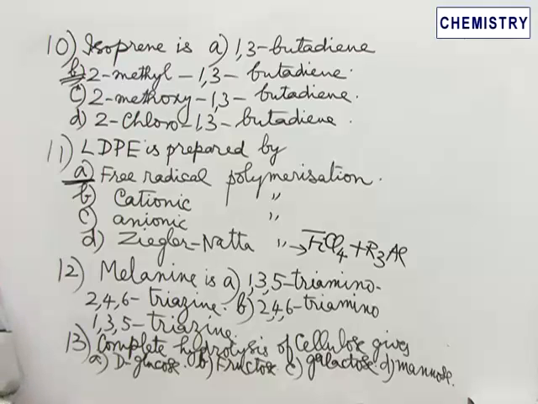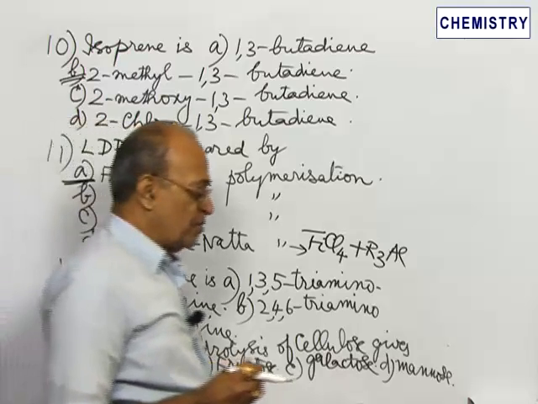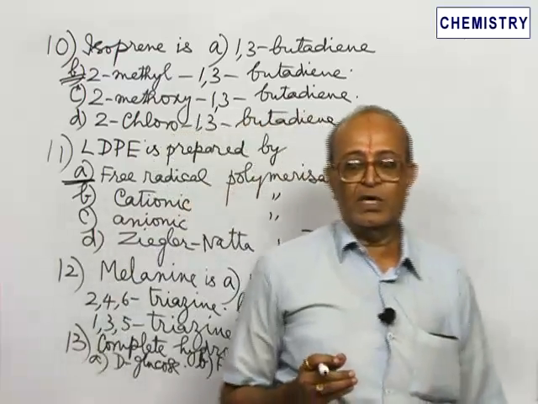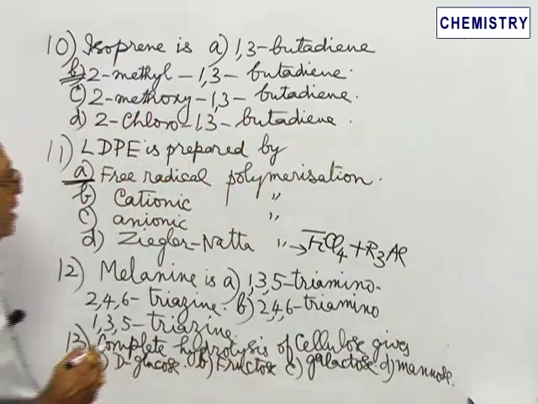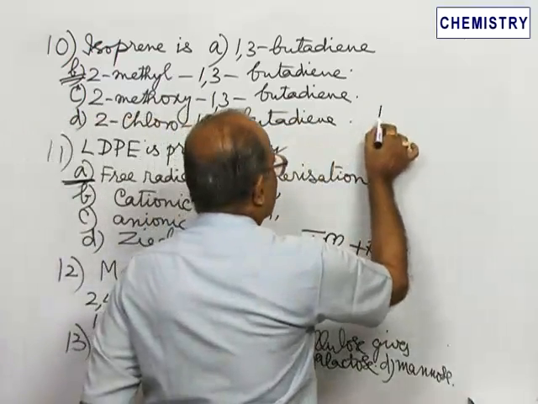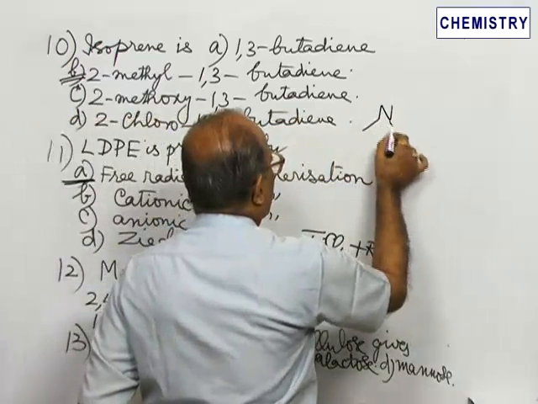12. Melamine. Of course, I have given only two options. Melamine is the starting material for one type of polymer, and this is melamine.